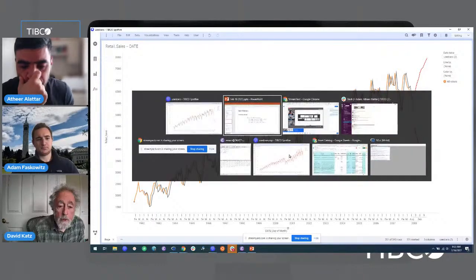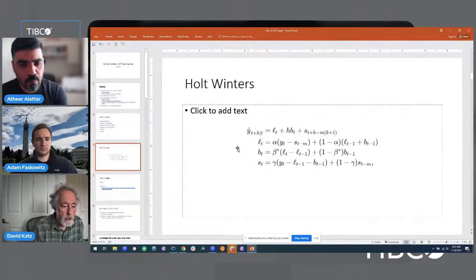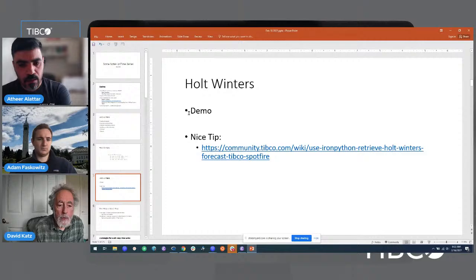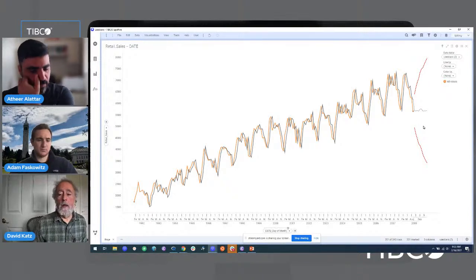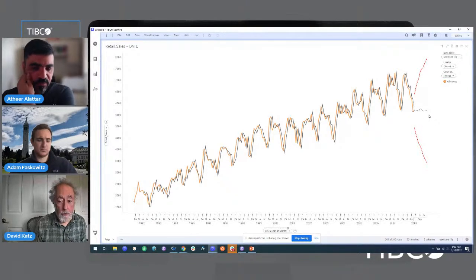So let's talk a little bit more in general. I did the demo. I also find that when you look at this, you sort of wish you could do a validation where you could see the actual plotted alongside the forecast, right?